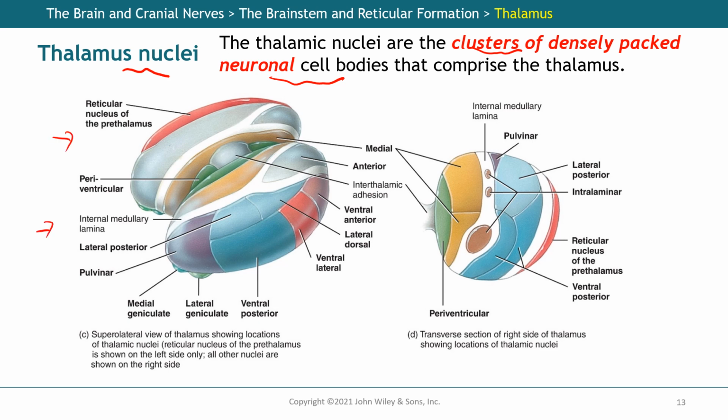We are not going to cover all of them, and you don't have to memorize all the functions. I'm just going to tell you that they exist, and I'm going to show you a video that summarizes all the information of the thalamus, and it's going to talk briefly about the most important of these nuclei. Again, you don't have to memorize every single one or every single function.